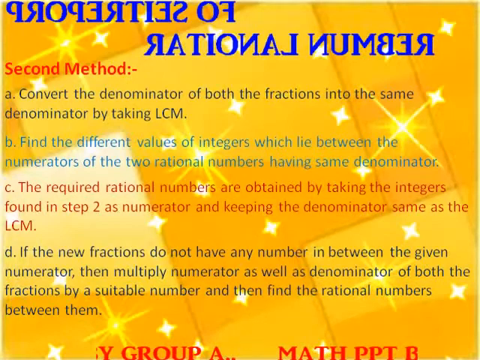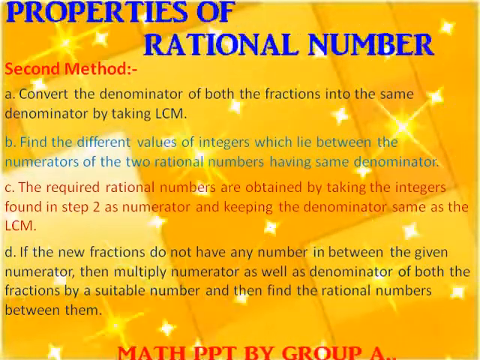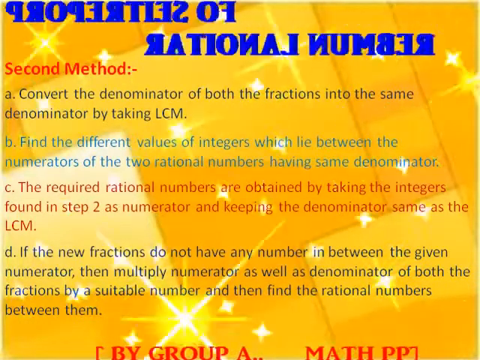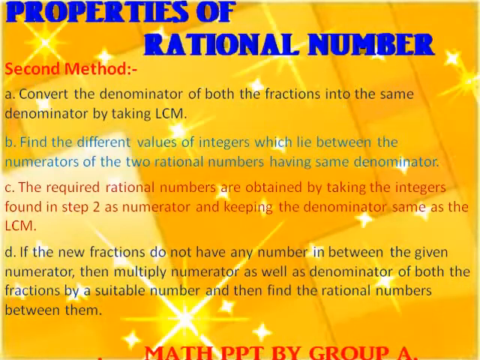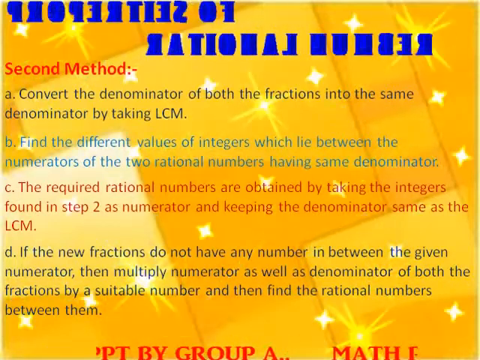Second method. A. Convert the denominators of both the fractions into the same denominator by taking the LCM. B. Find the different values of integers which lie between the numerators of the 2 rational numbers having the same denominator.